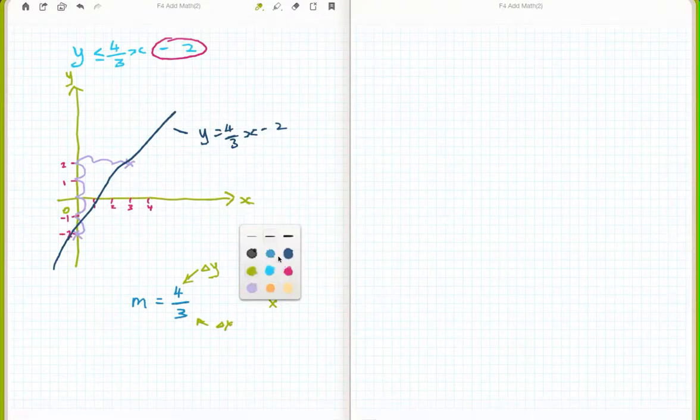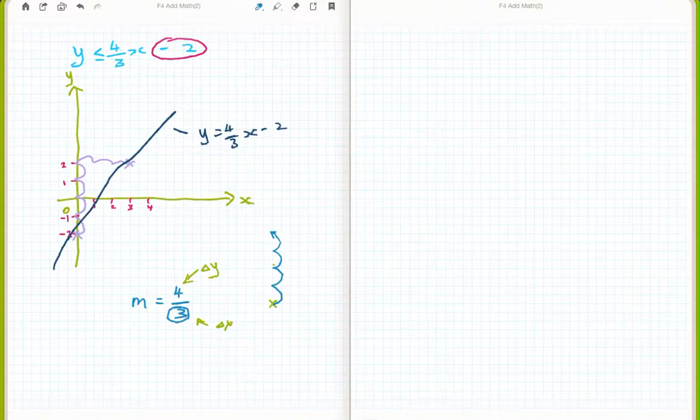We go up by 4 because going up is positive. So I need to go up 1, 2, 3, 4. Then for my x, it is a positive value, so I need to go to the right by 3. So 1, 2, 3. So I will know this will be my coordinate. That's how I form 2 points, and once I have 2 points, I'll be able to form a straight line. Okay, this is how it works.